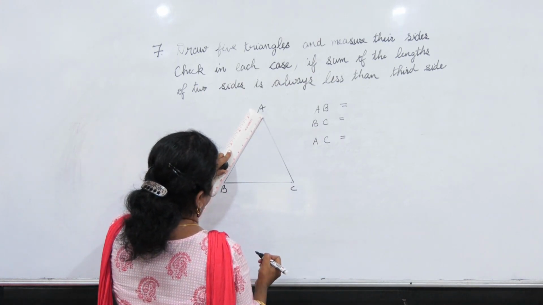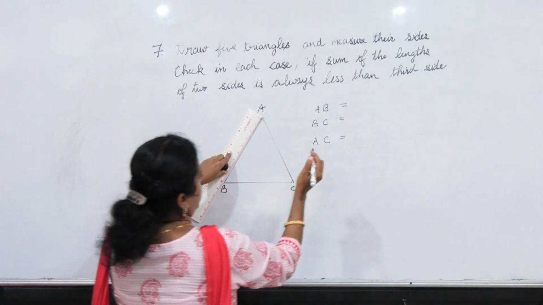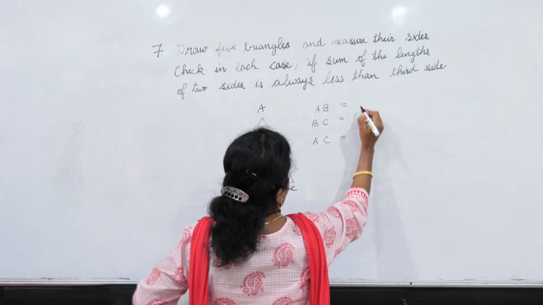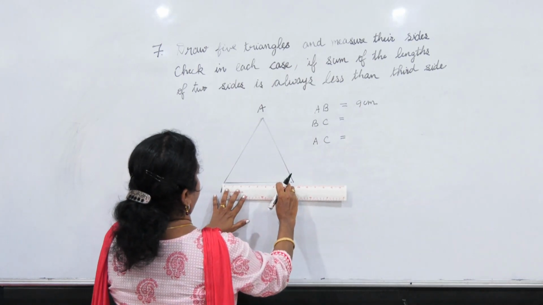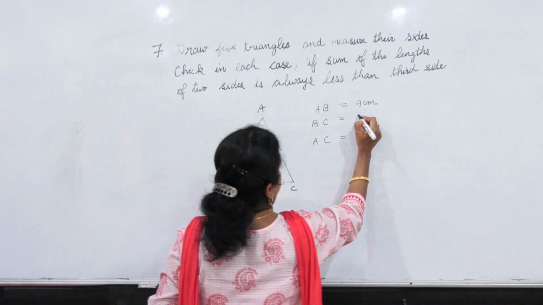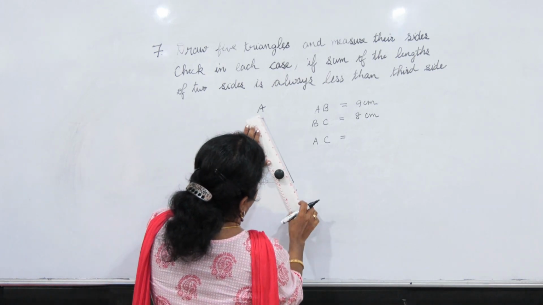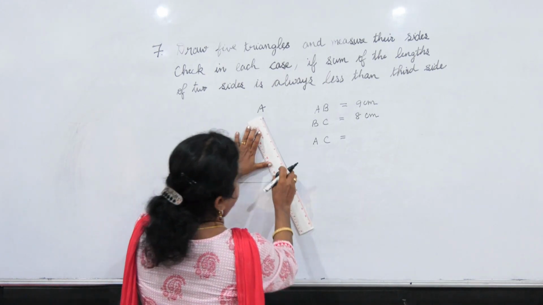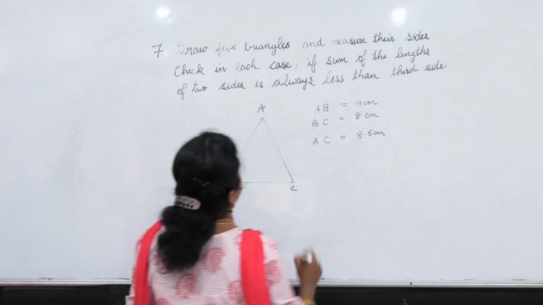Whatever measurement comes on your scale, you are going to write here. Here AB is 9 centimeter, BC is 8 centimeter and AC is 8.5 centimeter.